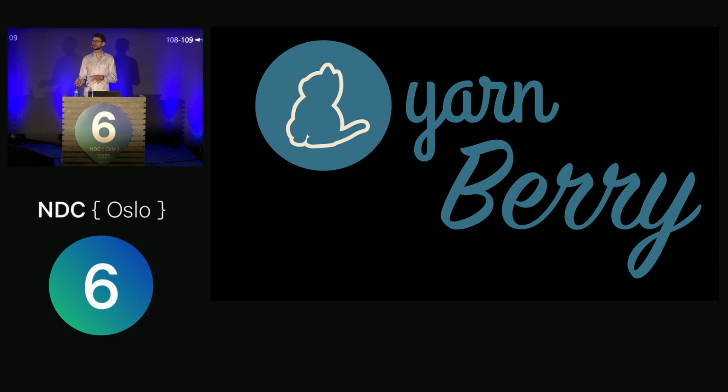The difference between 2 and 3 is comparatively insignificant, almost nothing like the changes from 1 to 2. For that reason, for clarity, I'll try to use the name Yarn Berry throughout this talk. If you hear me say Yarn 2, realize that applies to the entire Yarn Berry line, essentially.